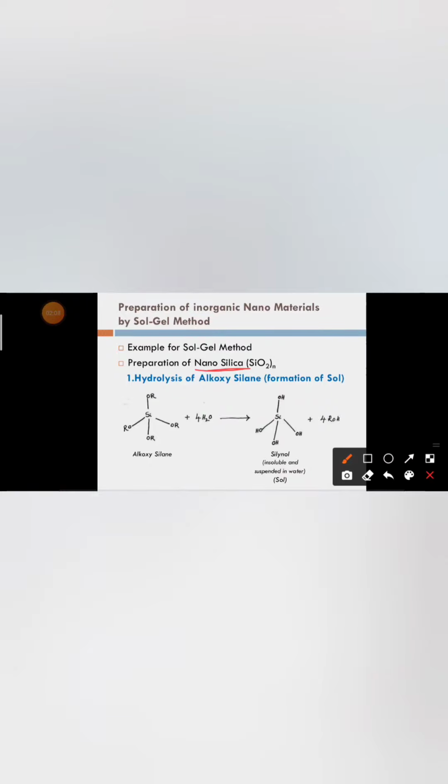Here alkoxysilane is reacted with 4 moles of H2O, then 4 ROH is removed and forms silanol, which is insoluble and suspended in water, which is also called solution. In hydrolysis we form a solution.